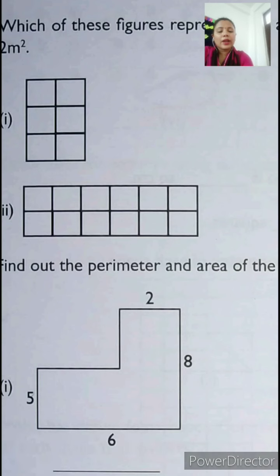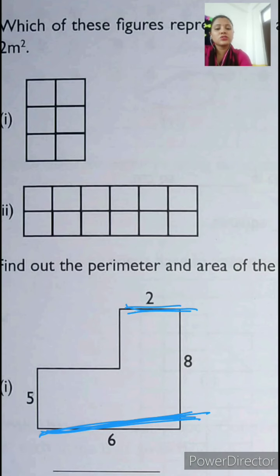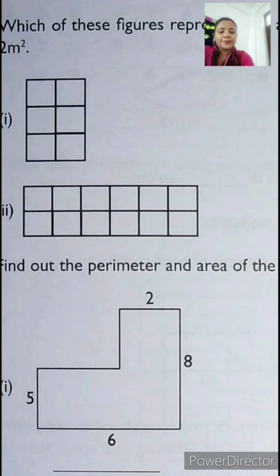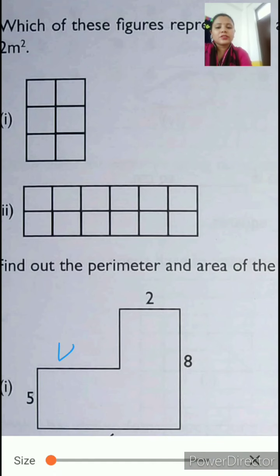As you can see here, the length of this side is 6 and this one is 4. So 6 minus 4, this one is 2. So 6 minus 2 is equal to 4. So that is your 4. Why? Because 4 plus 2 is a complete 6. So here this side is 4.